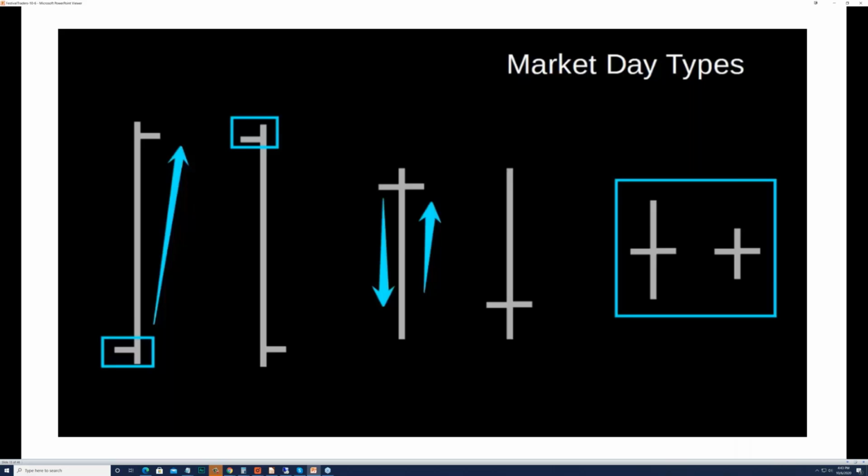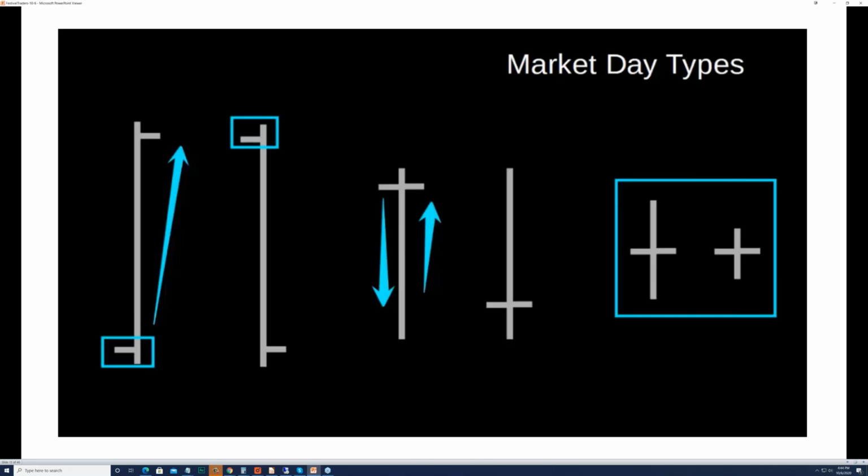Market day types. So market day types, these kind of show you what we've just been talking about. Big long range days where we open at one end of the range and then we close on the opposite end of the range.